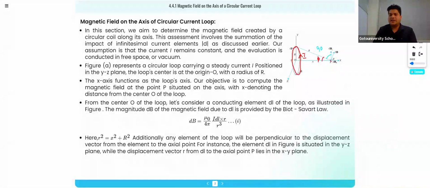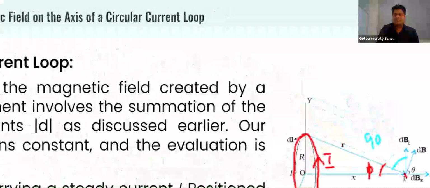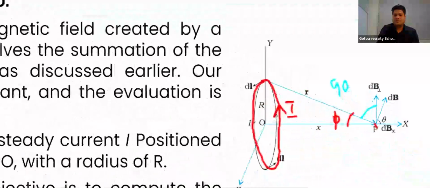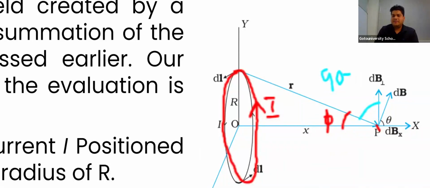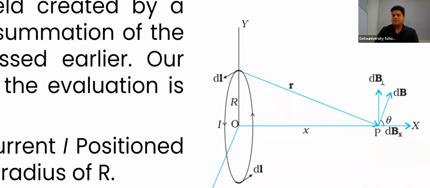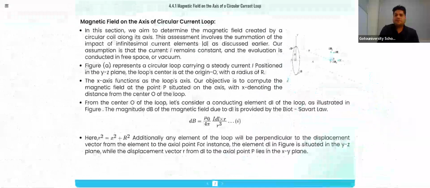So you can write here 90 minus phi. Let's see it once more.